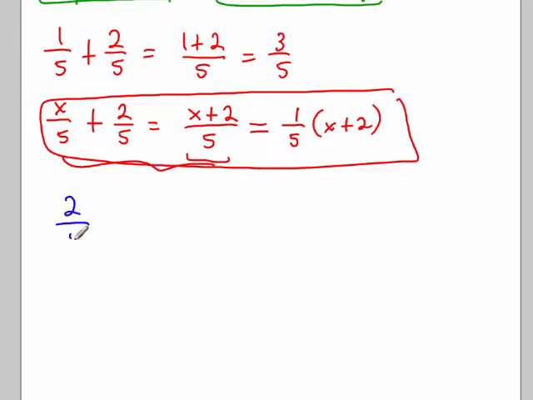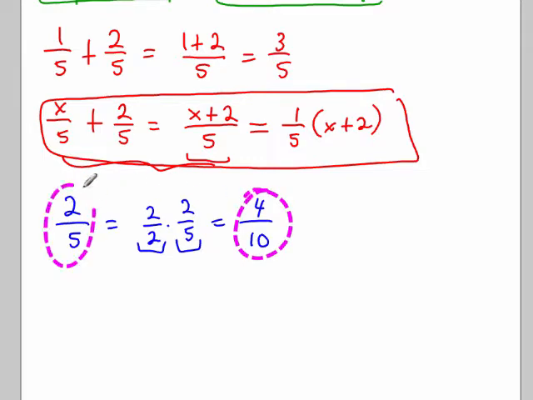If you have 2/5 and I multiply numerator and denominator by 2, let's say, I know that 2 over 2 is 1. And so 1 times the original thing will give me something that looks different but is equivalent to the original thing. So we know that 4/10 and 2/5 are equivalent. Now we can do the same thing with algebra.